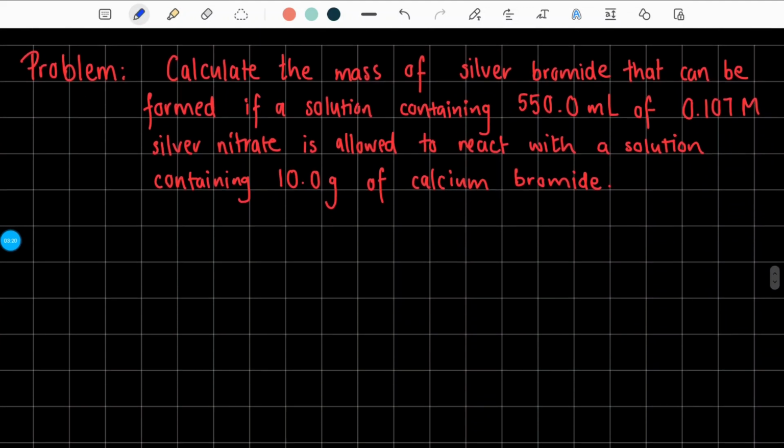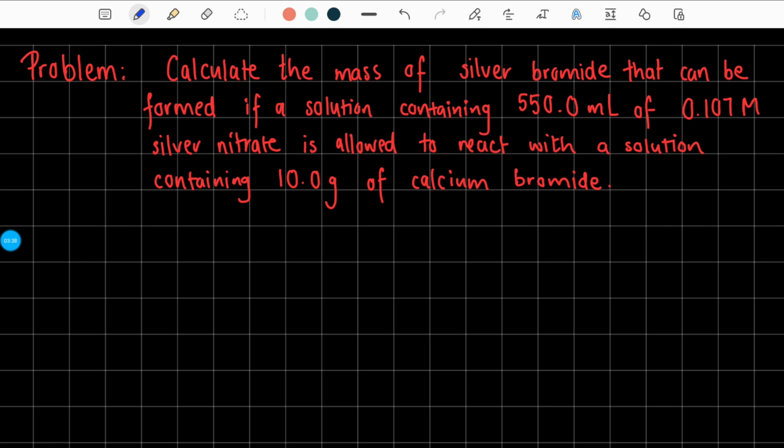Our problem says to calculate the mass of silver bromide that can be formed if a solution containing 550 ml of 0.107 molar silver nitrate is allowed to react with a solution containing 10 grams of calcium bromide.